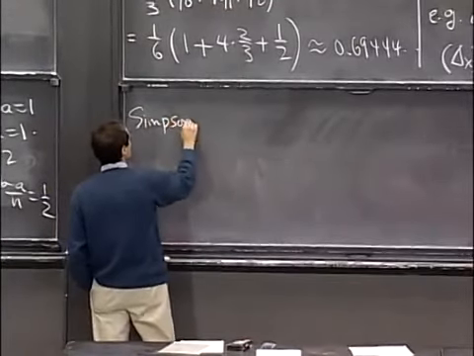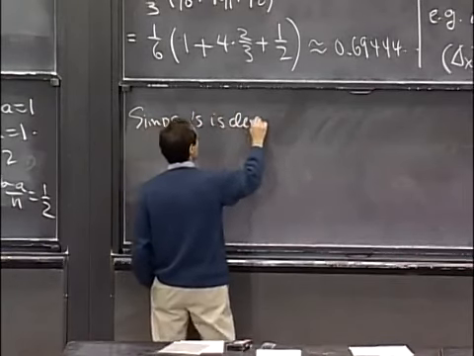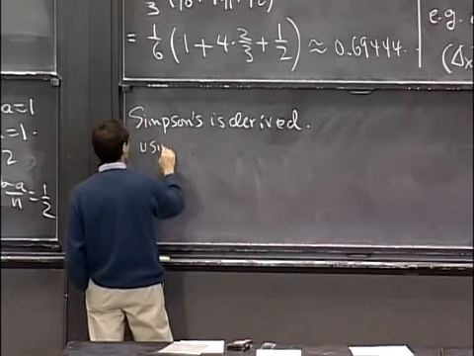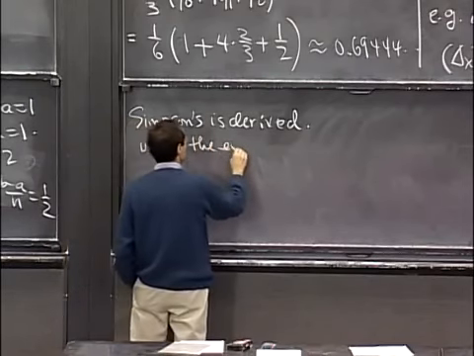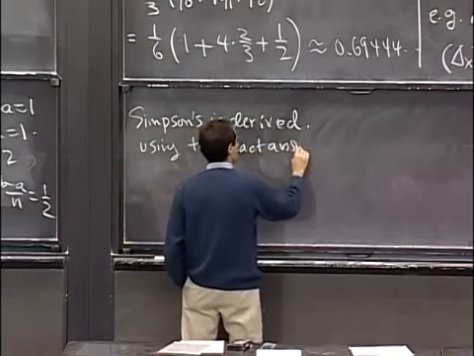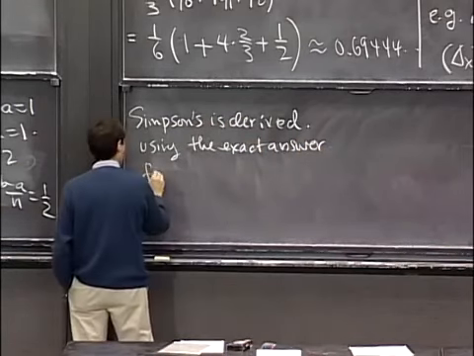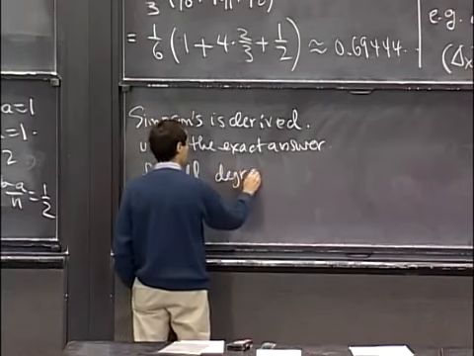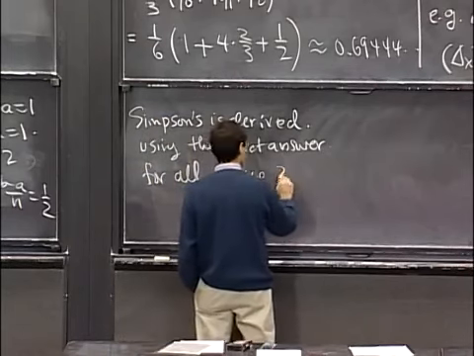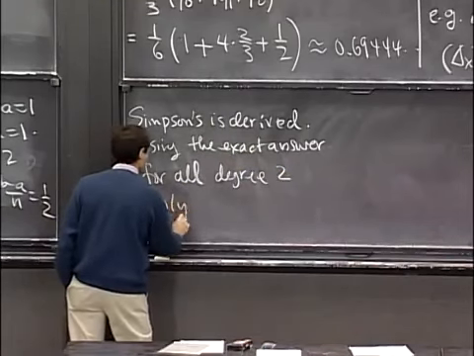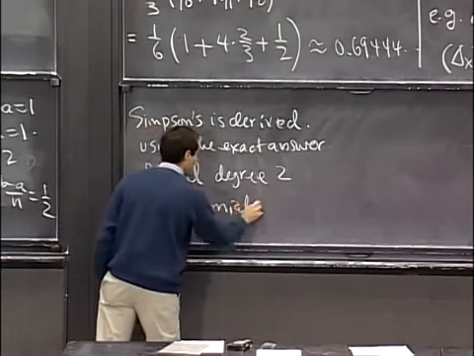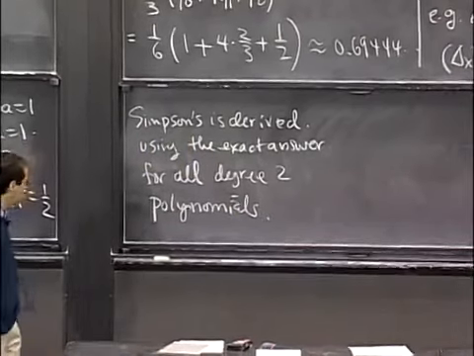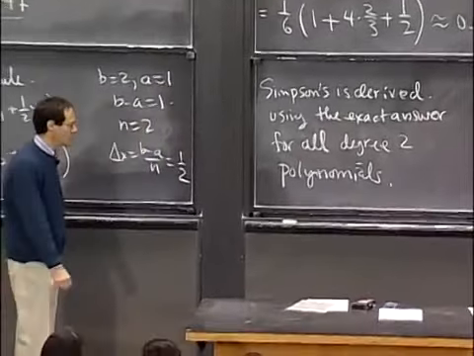Simpson's rule is derived using the exact answer for all degree 2 polynomials. In other words, parabolas, all parabolas. But even all the ones of lower degrees. So straight lines would work, and constants would work as well.